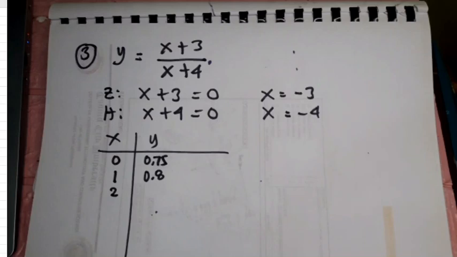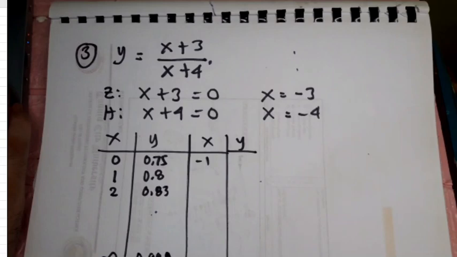What is the value if we have negative 1? The value is 0.667.